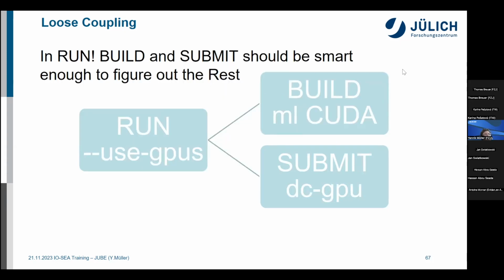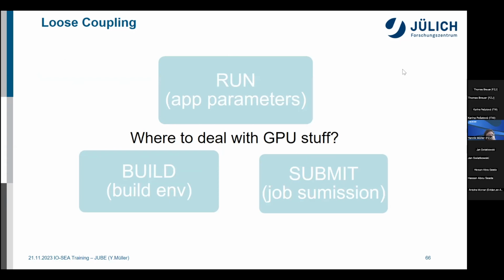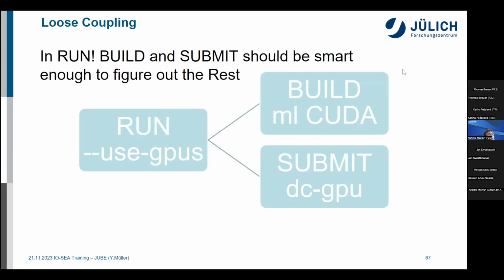So before this would be my dependency. I would probably have built it first and then submit on top of it and then run on top of build and submit. But what I really want to have is the other way around. I want to inverse my dependency. I want to say in the run, for example, use GPUs.